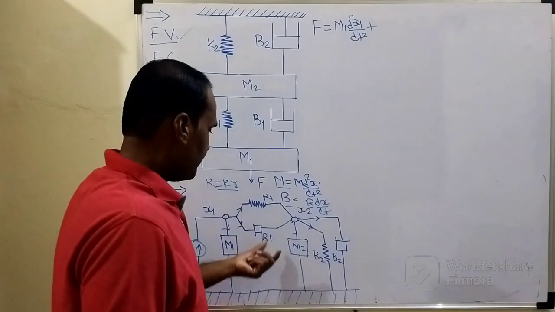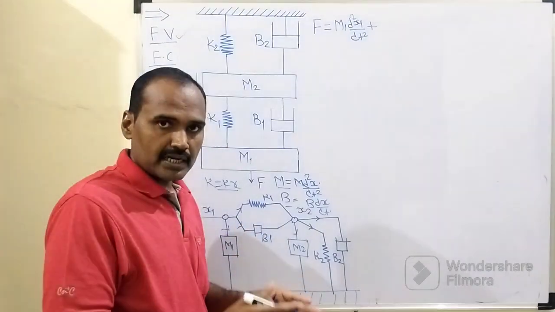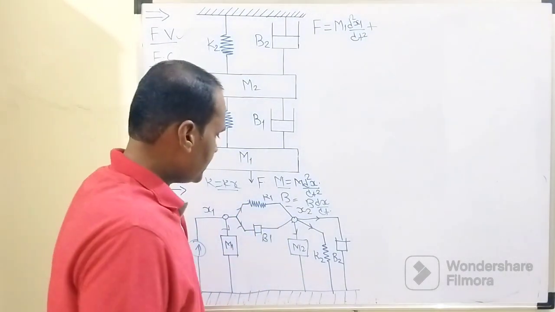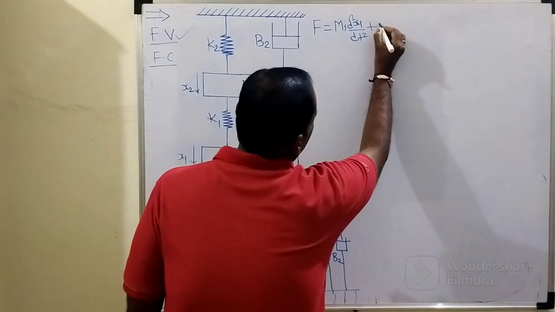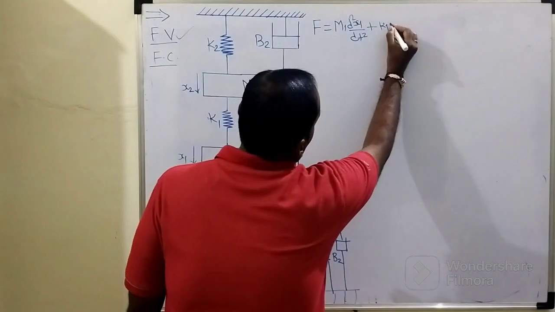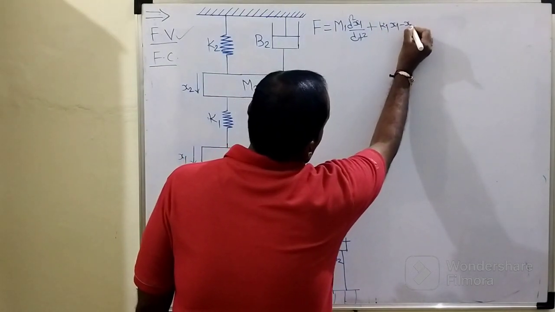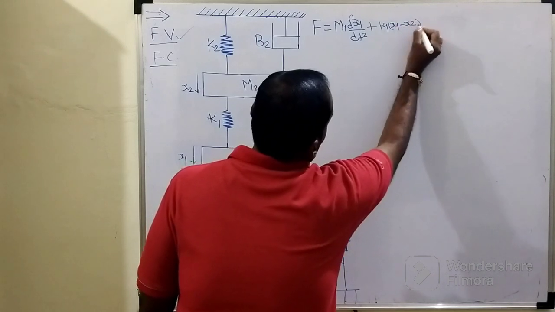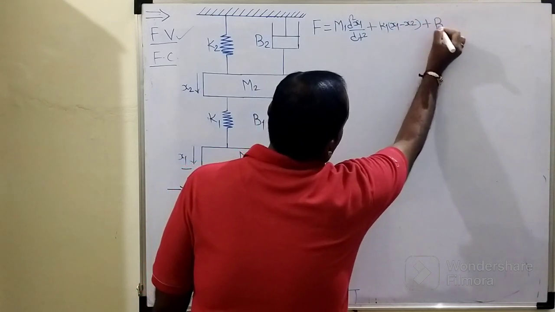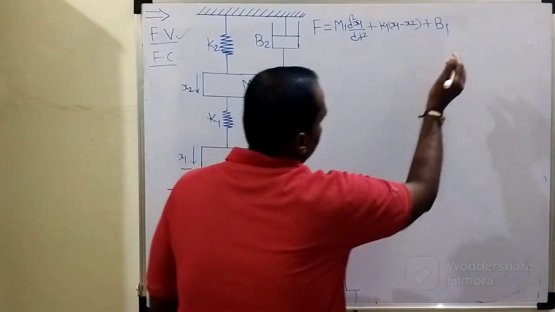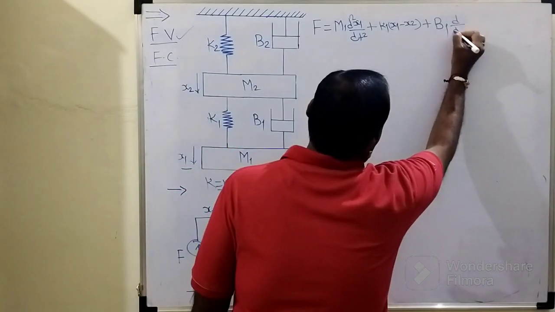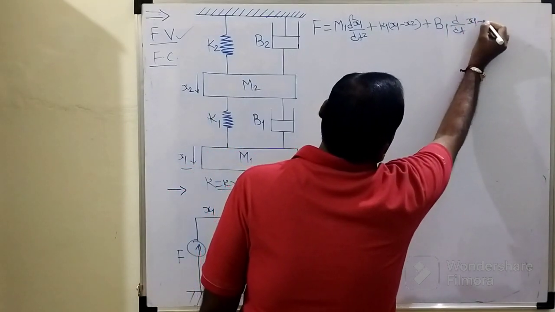Now, k1 and d1 are associated with x1 as well as x2, so the net displacement for k1 will become x1 minus x2, plus the net displacement for d1, which is first order differentiation d by dt followed by x1 minus x2, right?